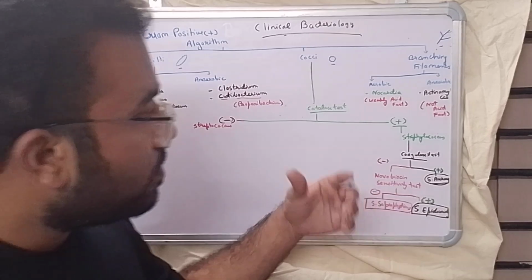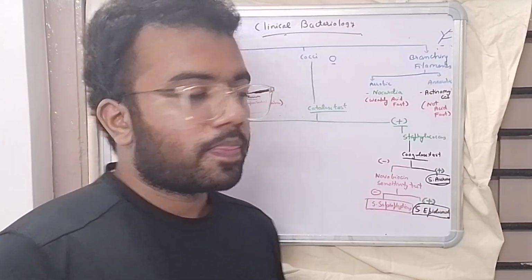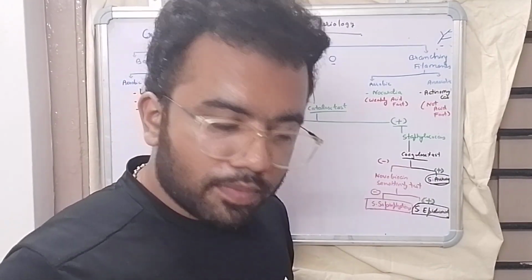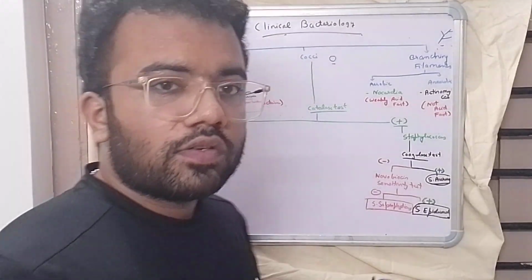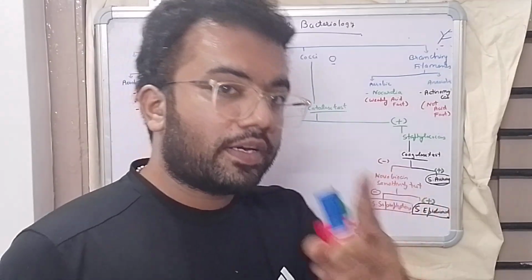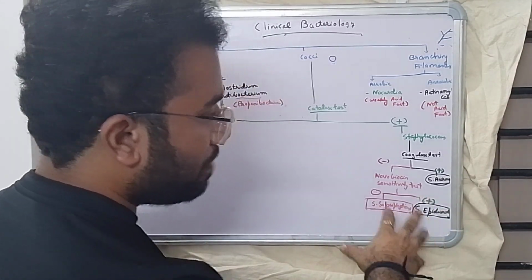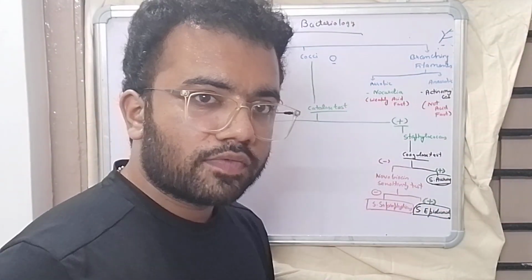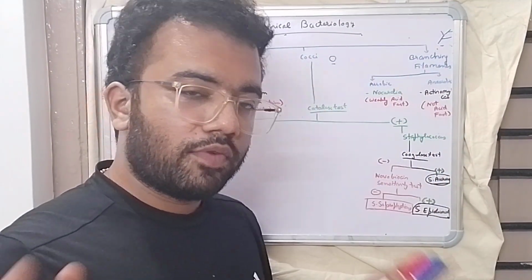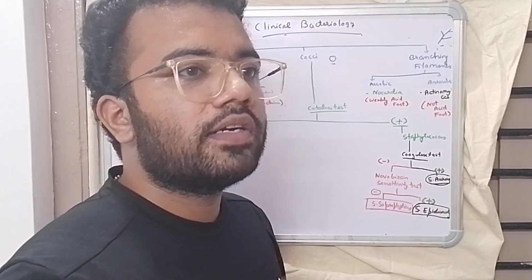And after coagulase test, if it is negative, we will further do novobiocin sensitivity. If it is positive, it is S epidermidis, and if novobiocin sensitivity is negative, then it is S saprophyticus. Now we will understand these bacteria in detail in further videos. It is basically the basic algorithm of gram positive bacteria we must know, so the shape, morphology, and which tests come positive and negative.